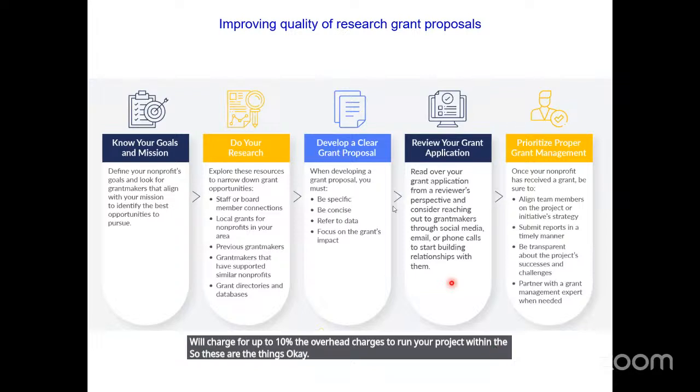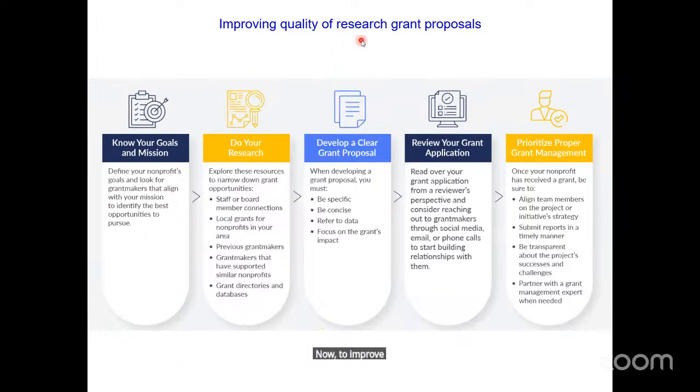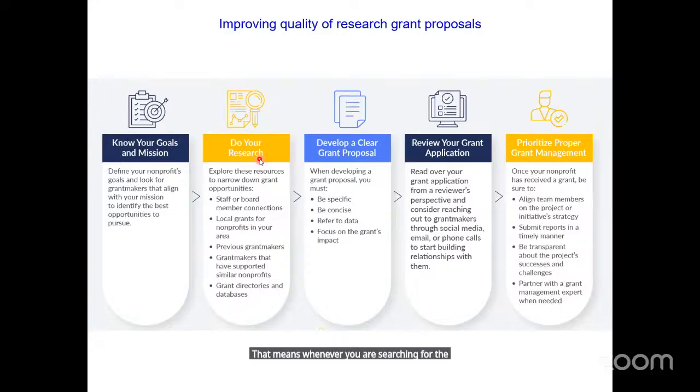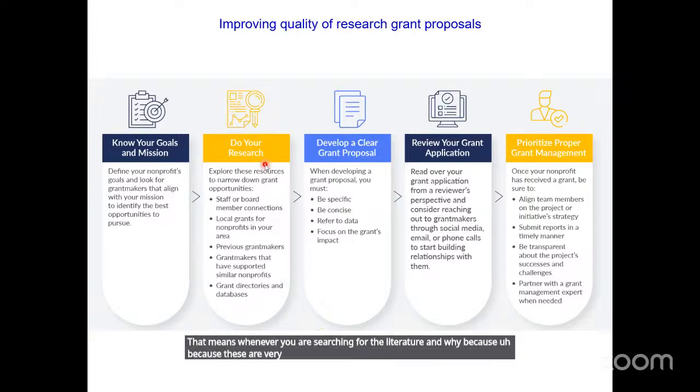Now to improve the quality of your research grant proposal, you should have a clear concept about the goals and mission of your project. Then whenever you are conducting the project, try to give your best. That means whenever you are searching for the literature, and why, because this may be confusing to you, that before submitting a proposal you need to have some basic data.